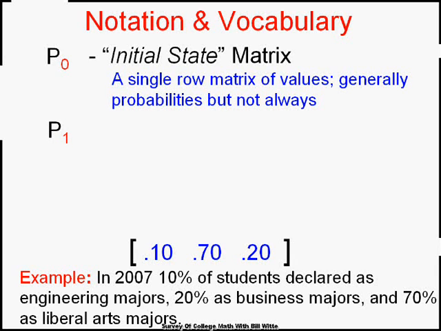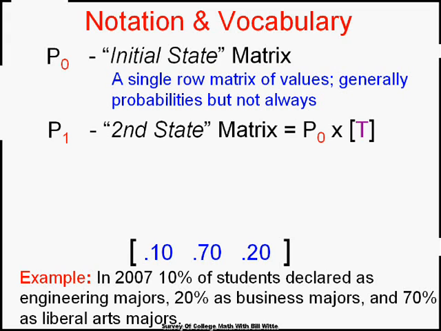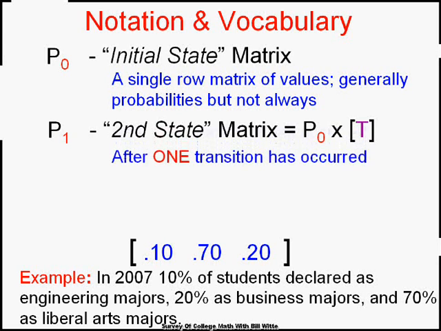Now, we'll define P1 as the second state matrix, and that's basically after one transition has occurred. So that's the initial state matrix times the transition matrix. Get the idea? Take your initial state, multiply it times one transition, and you get P1.